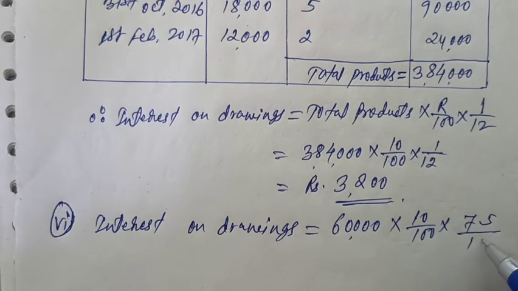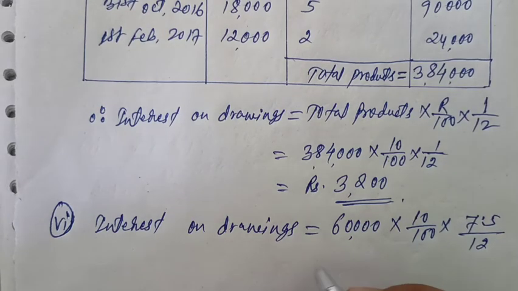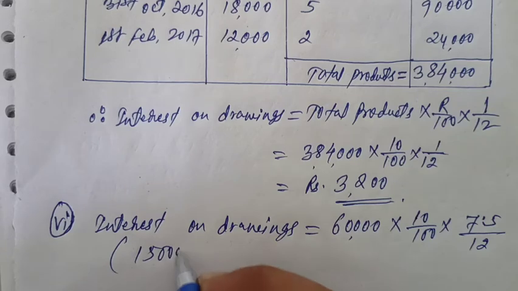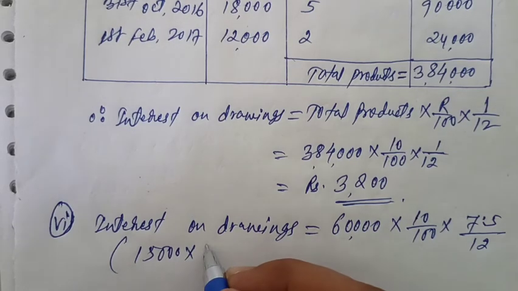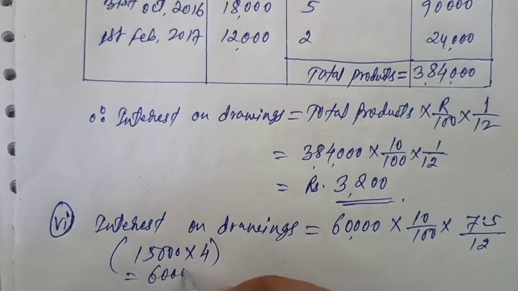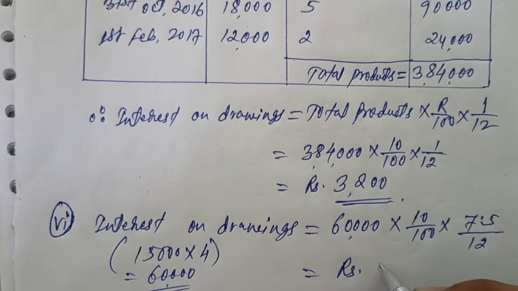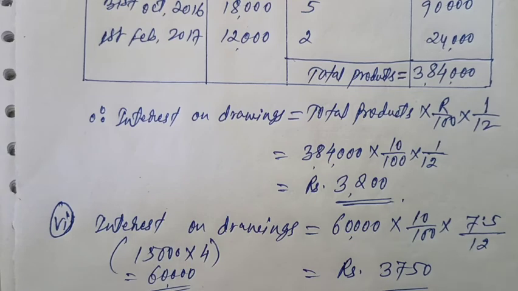Next, if it is at the beginning of each quarter, then we'll write, okay, 7.5 as average period over 12. Okay, if you calculate this, I have already mentioned 15,000 into 4 you will get 60,000. For your convenience I have written here. Okay, so we'll calculate this, how much you will get here, rupees 3750, this is the amount.